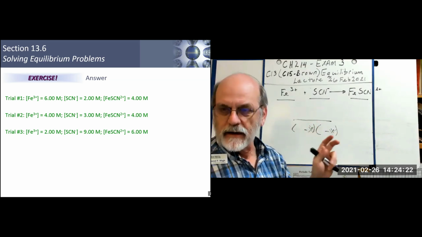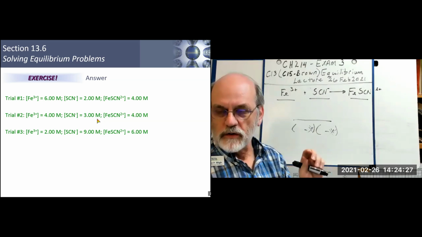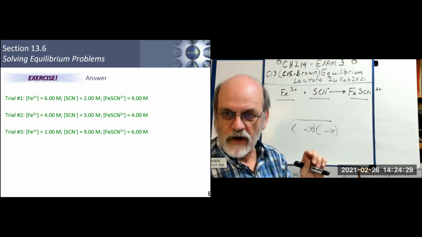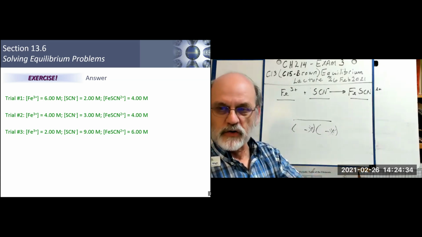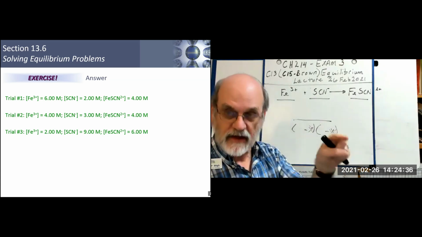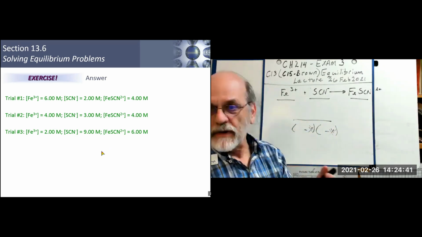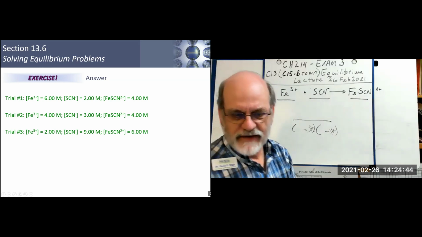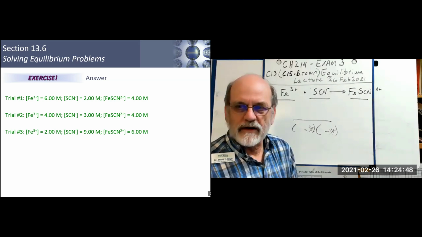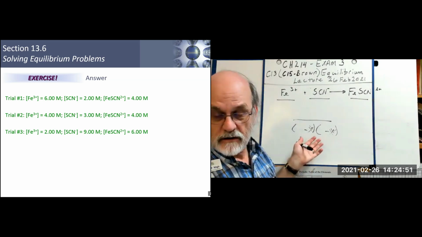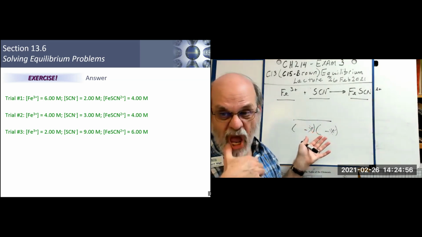You keep doing that until your approximation gives you very close to, if not exactly, the k value. That's why it's successive approximations. You keep doing the approximation with the new calculated x each time, and you get closer and closer. With some laws of mass action, that's the only way to do it, because you may end up with an equation to solve that's not quadratic.